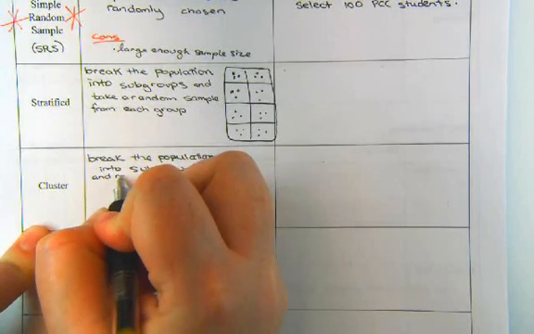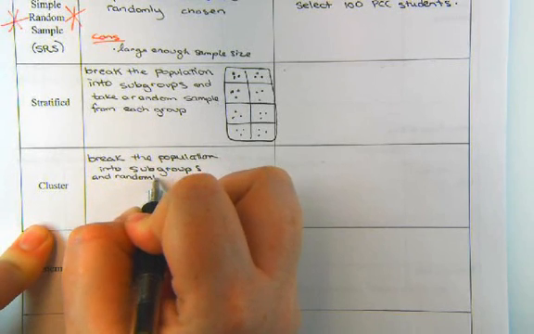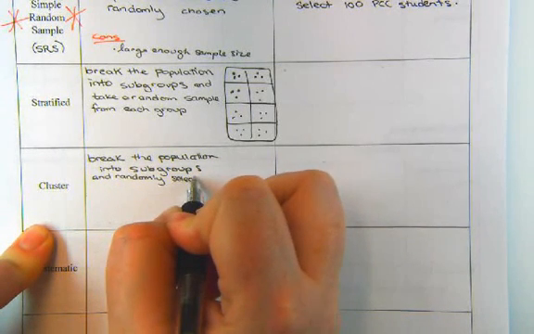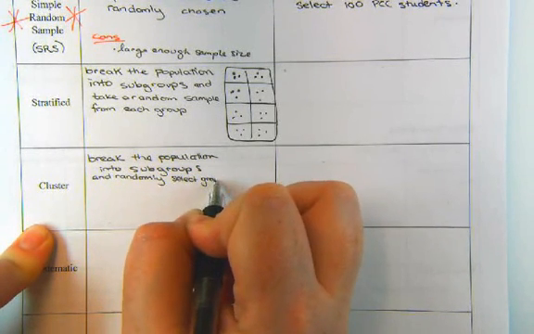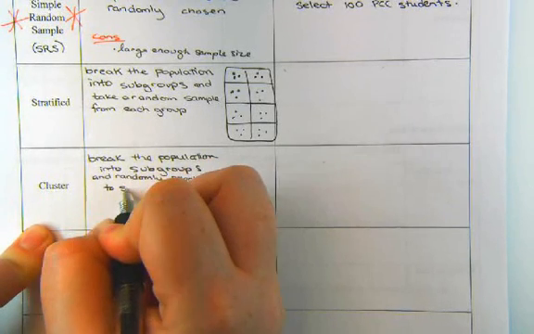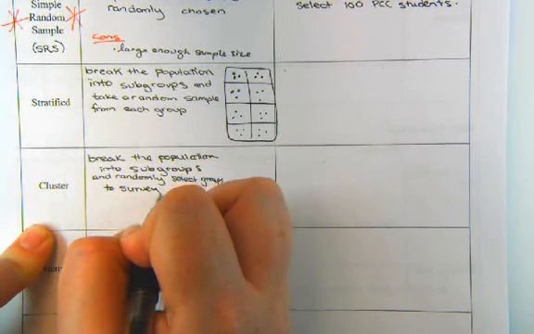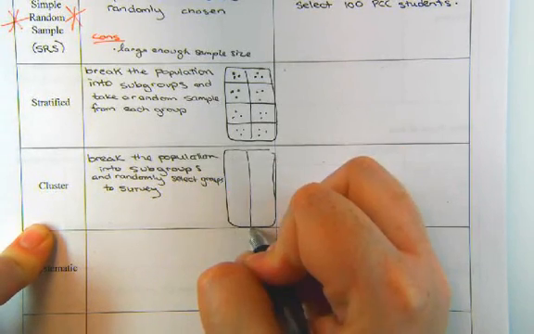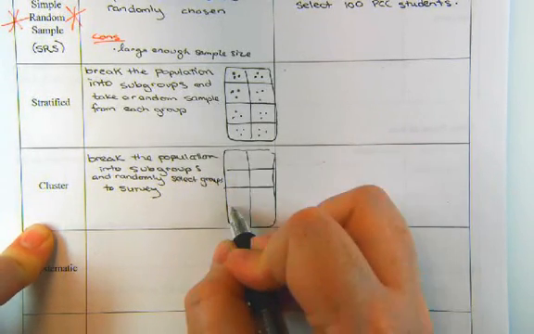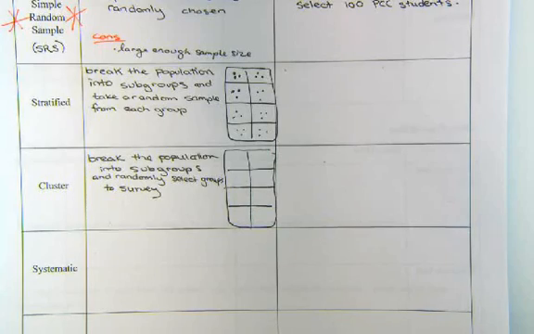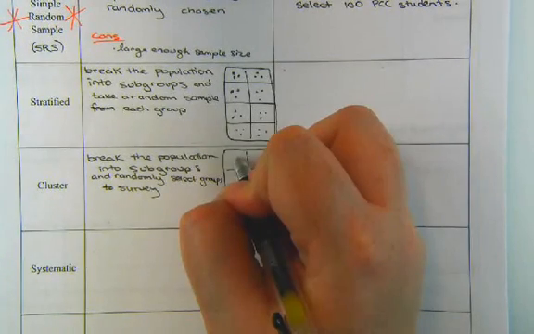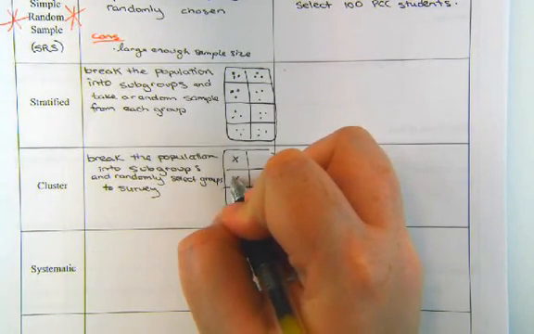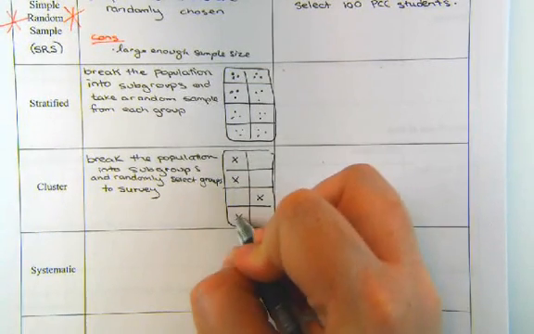With cluster, what we do is we break the population into subgroups and randomly select groups to survey. So with this one, we take our population, we break it into our subgroups, and then we randomly select some groups.